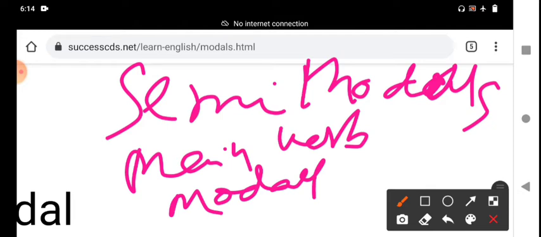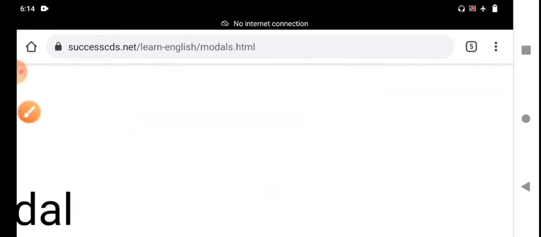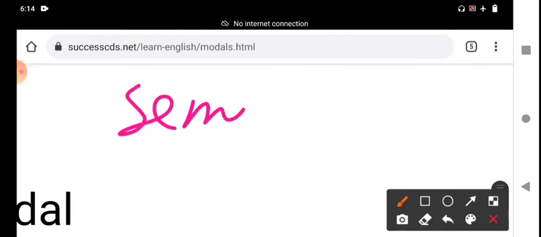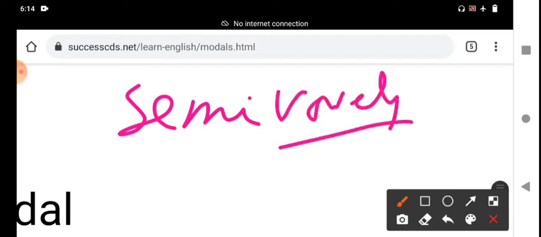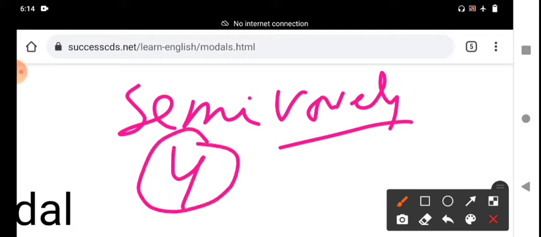There are also semi-vowels in the English language. In the alphabet, semi letters are there. What is an example? In the alphabet, Y is a semi-vowel. Y functions as a consonant or vowel.